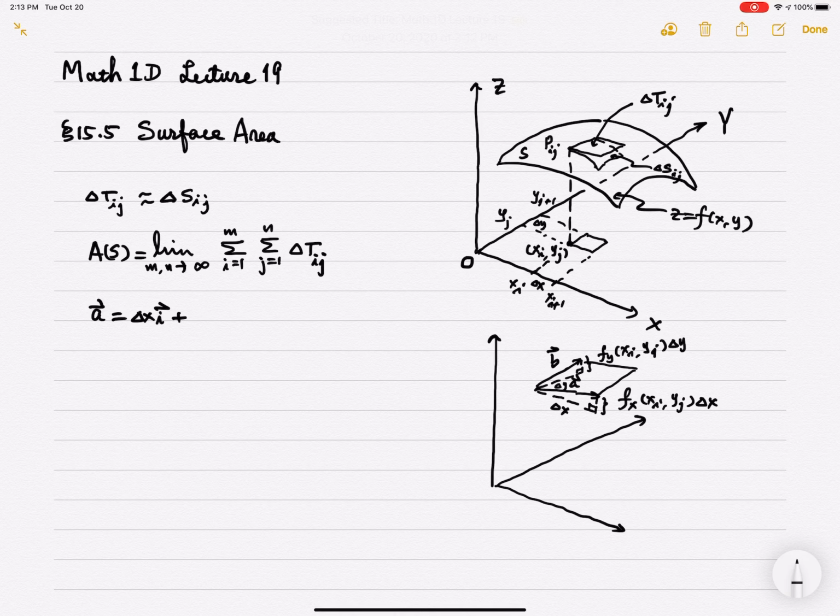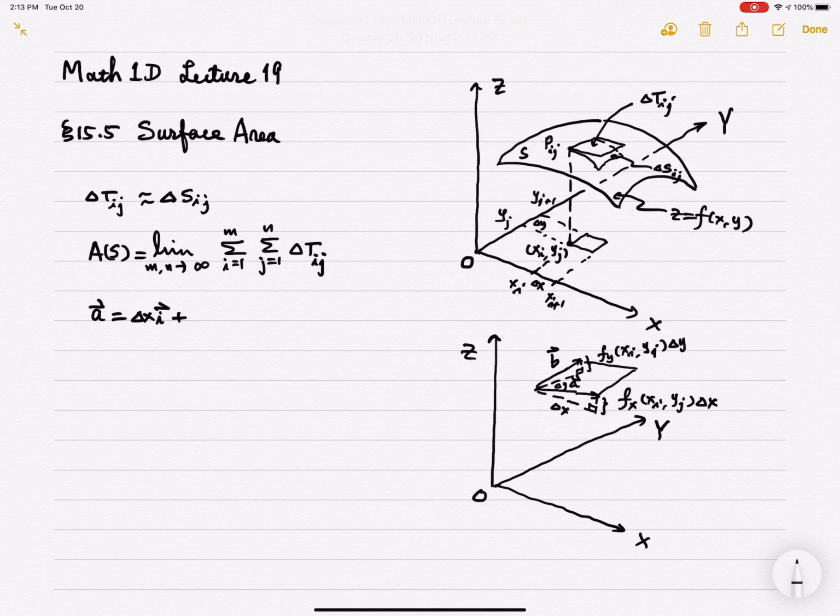And in the k direction, because the first triangle I drew is a vertical plane, perpendicular to the xy plane, perpendicular to the y-axis, the y coordinate is not changed.